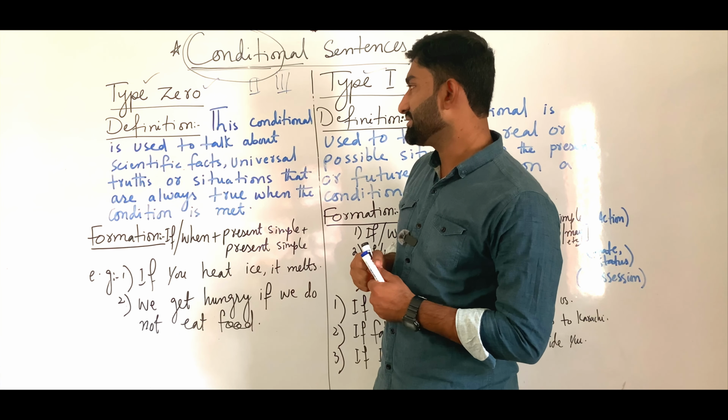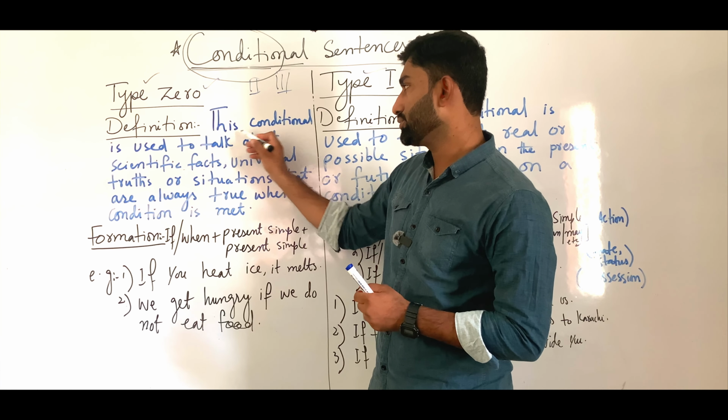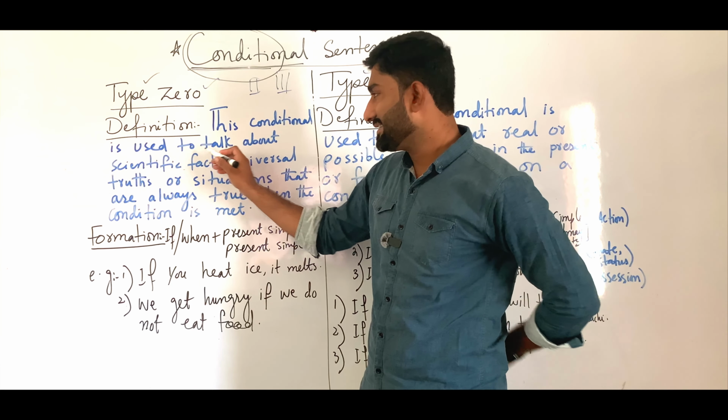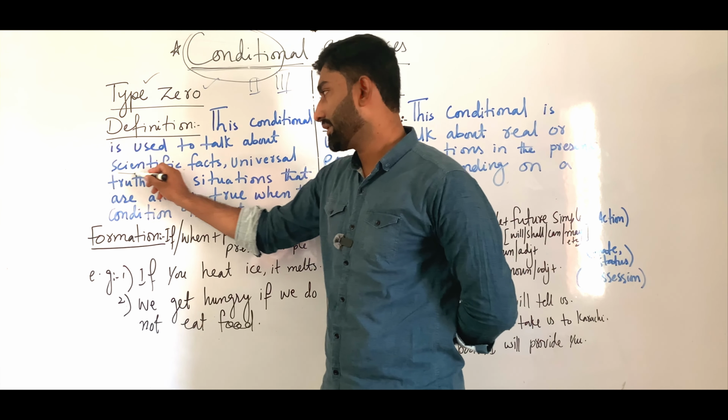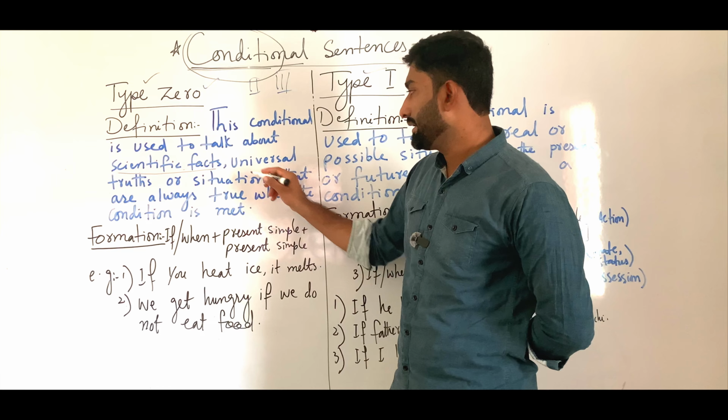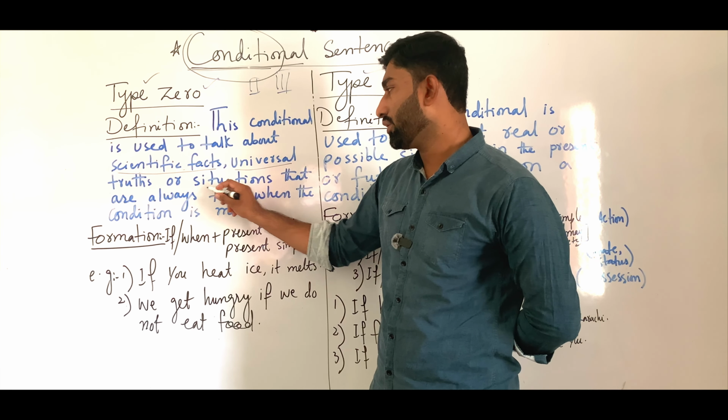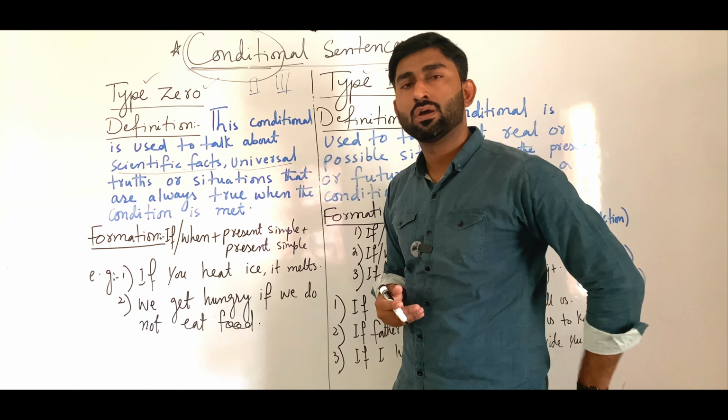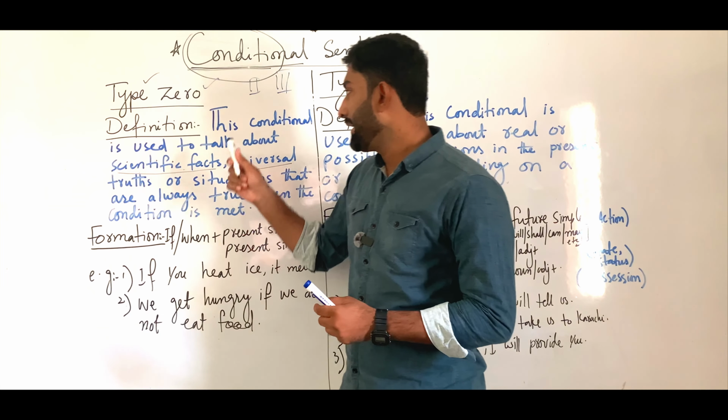So dear listeners, we use type 0 to talk about a condition that is used for scientific facts, universal truth or situations that are always true. Now let me simplify.